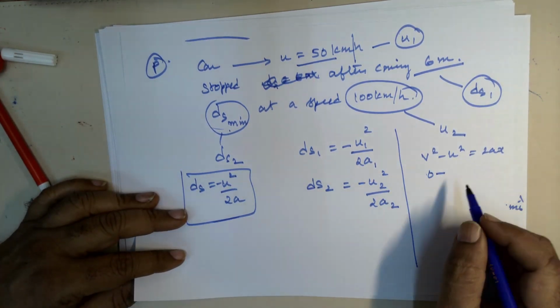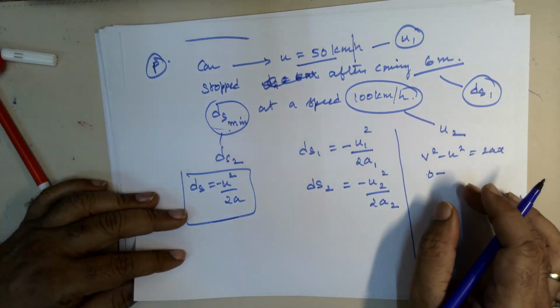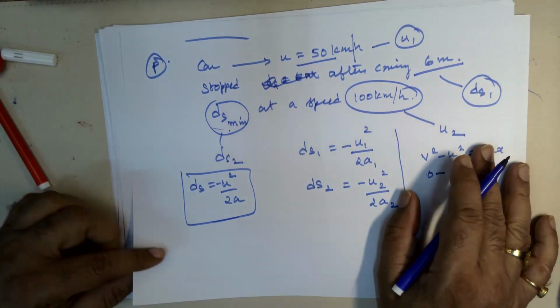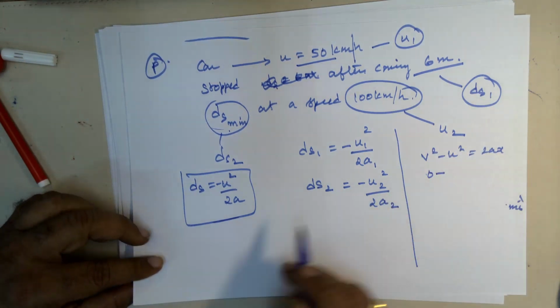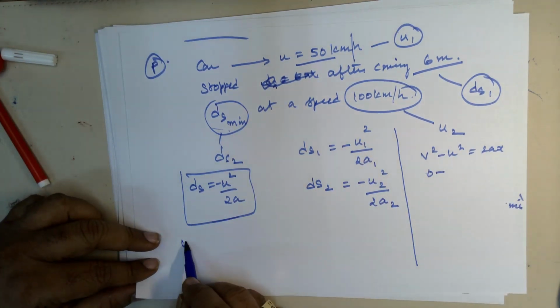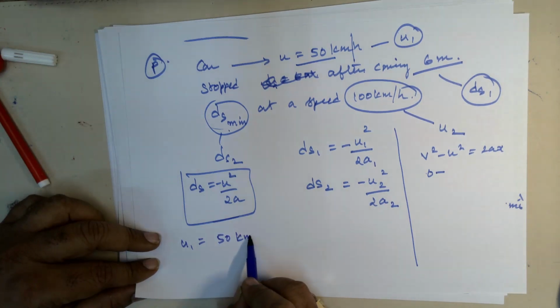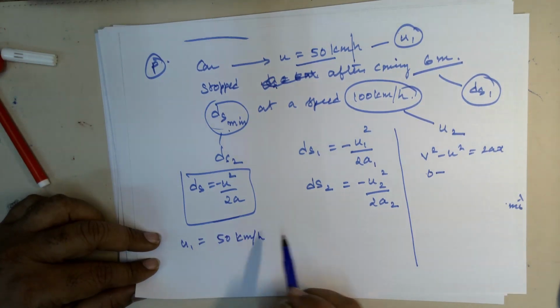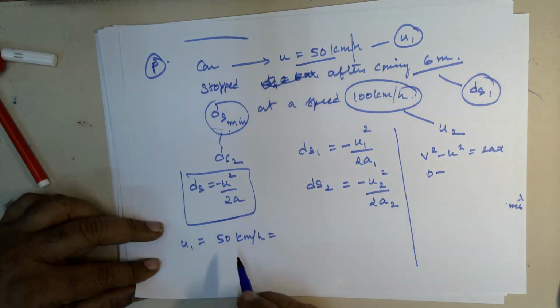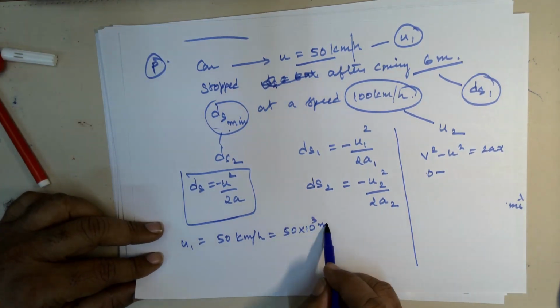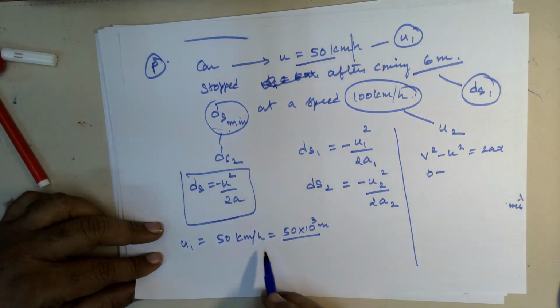And let us do one thing, that is we had to give it in terms of meter per second. So you have to convert this into meter per second. How you can convert into meter per second? Let us put U1, that is 50 kilometer per hour. So 50 kilometer per hour means what? 50 into 10 cube meter per hour.